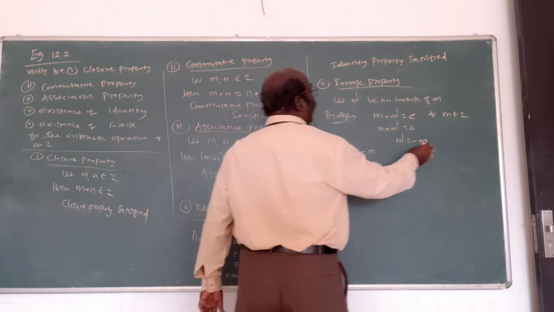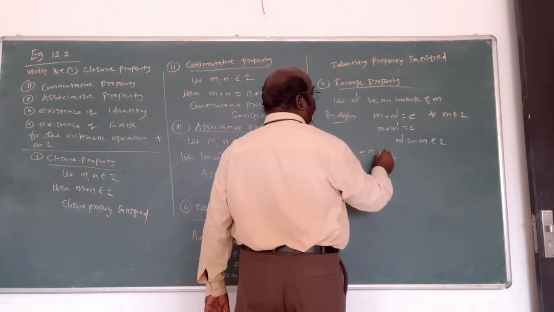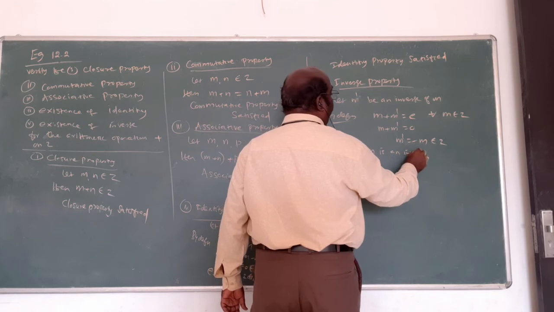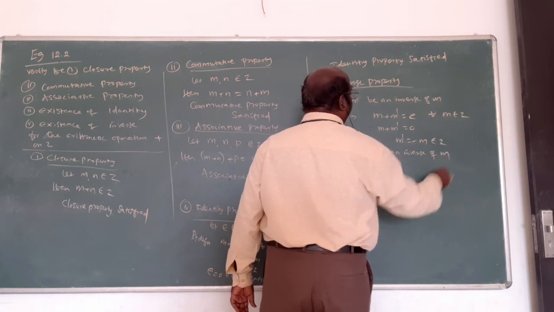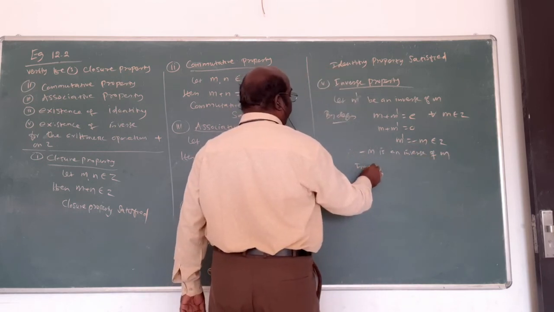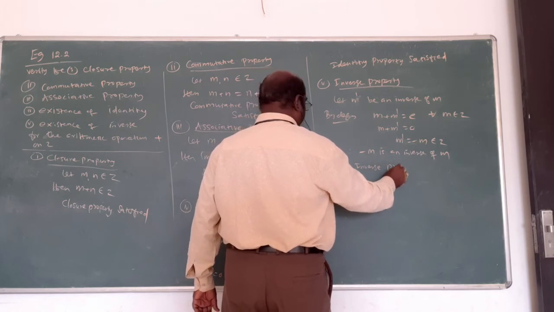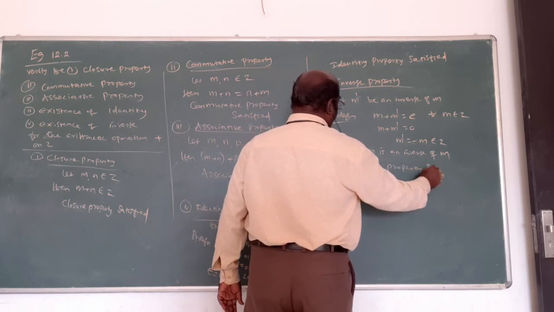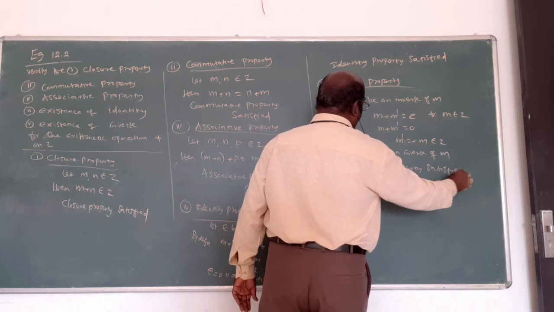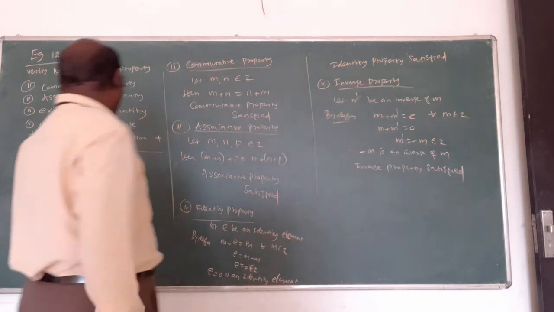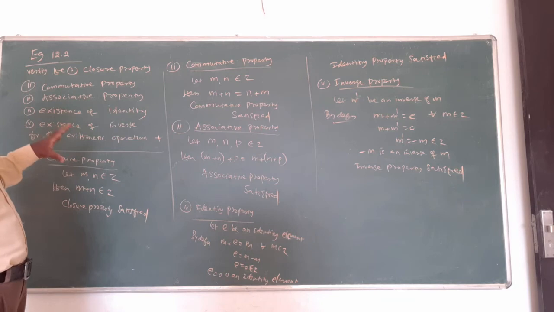Therefore, minus m also belongs to Z. Minus m is the inverse of m. Therefore, inverse property satisfied. This is the answer. In this way, you will find one by one. Put the heading clearly by using the addition. That's important.